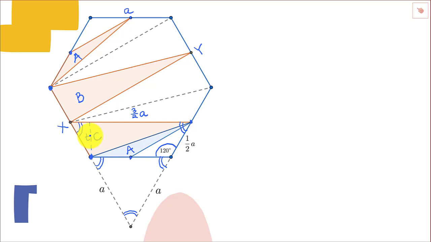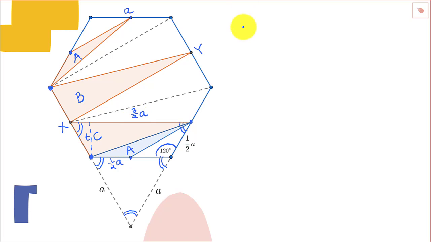Similarly, the triangle A can be considered as a triangle of base half of A, since this is A, and the height is also T as well. So the proportion of the base between the smaller and the bigger, the triangle A and the triangle C, is 1/2 to 3/2.